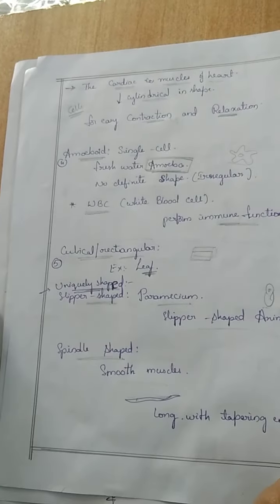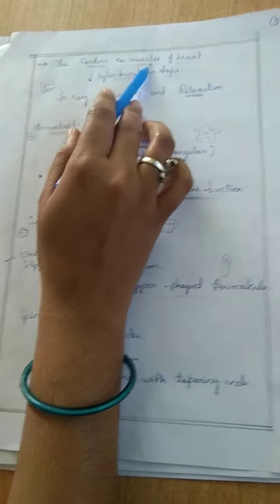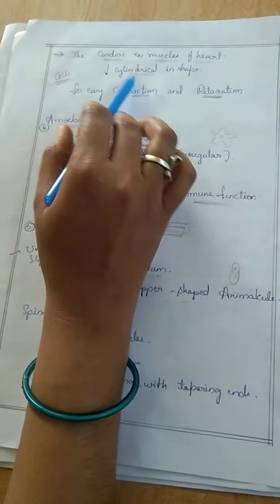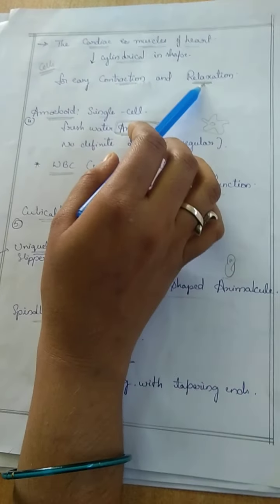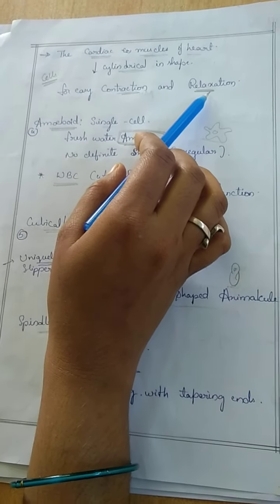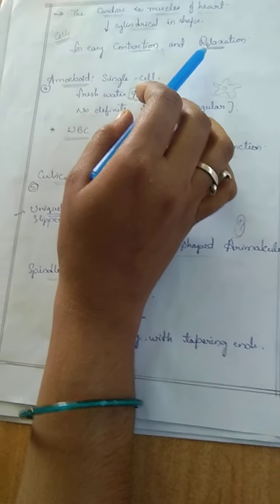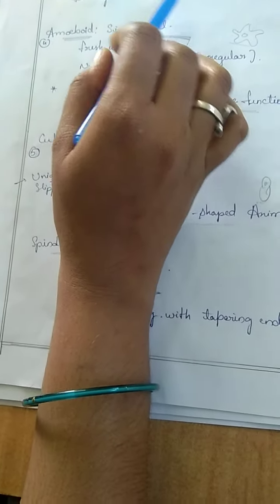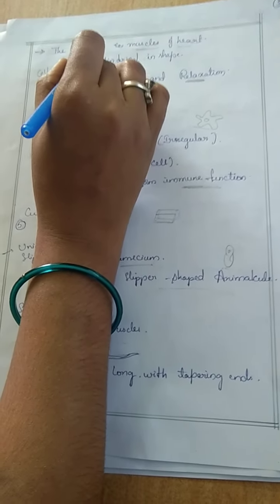And the cardiac muscles of our heart are also cylindrical in shape for easy contraction and relaxation. We all know that in every living organism, coming to animals, there will be a heart, and this heart is a restless organ.